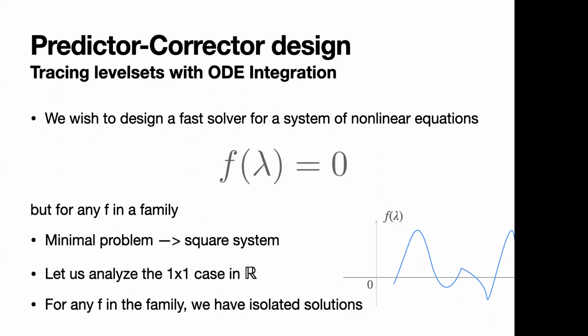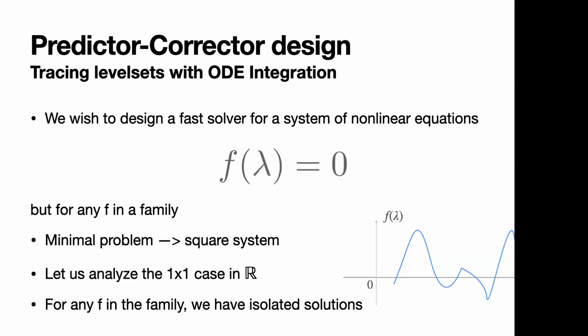You can have any number of equations. This is vectorial, and any number of unknowns, right? You want to find the vector lambda that zeros this function. But now, not just that, you want to do that for f in a family. For any f in a family, you want it to be fast.